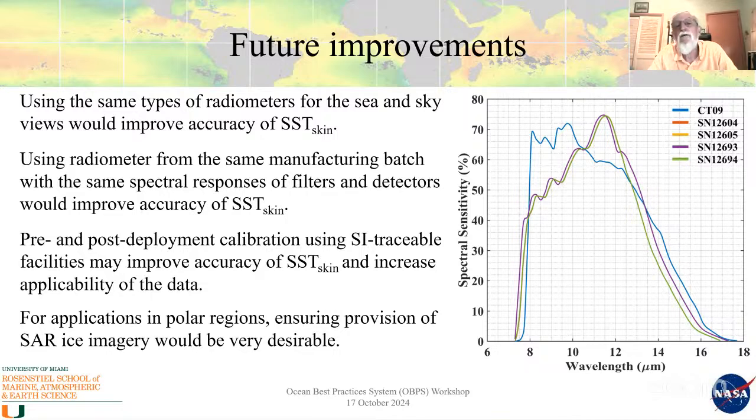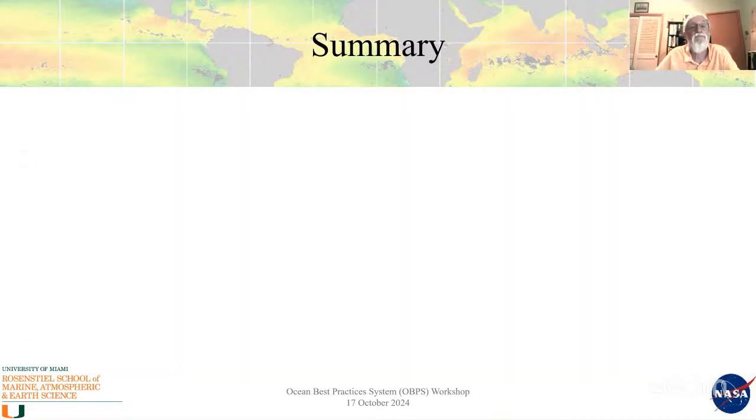But I think there is some possibility of trying to coordinate better with the operators of satellites that carry SARs, and those are mainly European Sentinel-1A, B, C, and D, and Canada's RadarSat. And there are others as well.